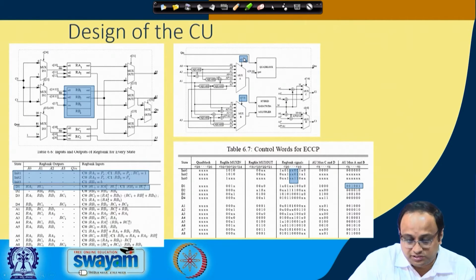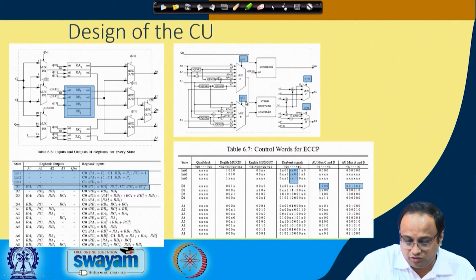I am taking the input from RA1, which is stored here, and this is the corresponding control for mux A and mux B. These are the 2 input multiplexers to the multiplier circuit, so here I need to choose the corresponding outputs which are being generated from the arithmetic unit.